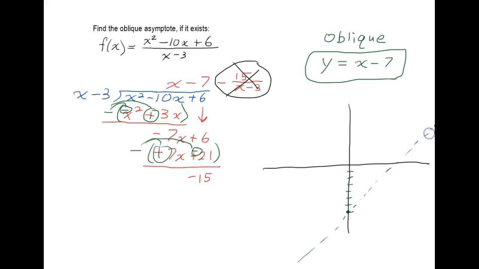That's the line of x minus 7. It doesn't mean that this dashed line is the graph. It's just saying whatever this graph does, in the end, it starts to look like this as you zoom way out. All right, that is finding an oblique asymptote. I hope that helps.